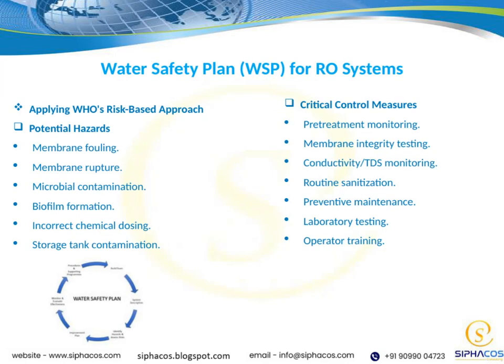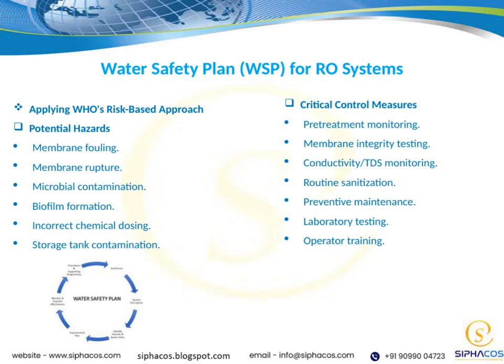When it comes to water safety for reverse osmosis systems, there are several critical control measures we need to keep a close eye on. These include pretreatment monitoring, checking membrane integrity, and keeping tabs on conductivity and total dissolved solids. Routine sanitization and preventive maintenance help us stay ahead of problems.